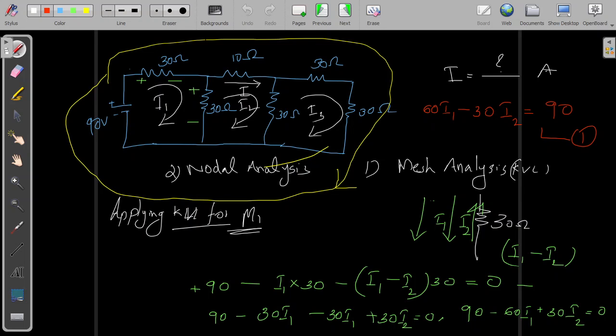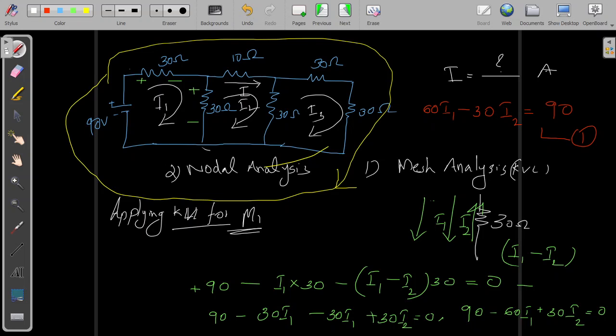Similarly, I'm going to apply KVL for the next mesh or loop. My convention is always clockwise direction. The mesh currents or loop currents are flowing in clockwise direction only. So the same logic as for mesh 1 is applicable here.